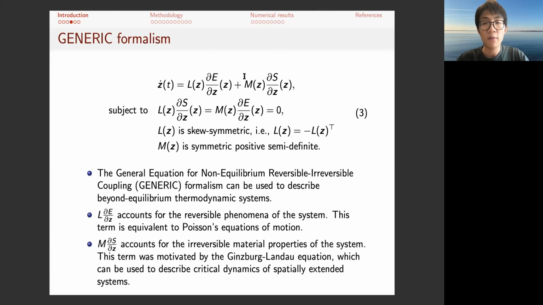If we don't have the second part and only have z dot equals L times dE/dz, then we recover the general Poisson system from classical mechanics. The second part accounts for the irreversible material properties of the system, and this term is motivated by the Ginzburg-Landau equation, which can be used to describe critical dynamics of spatially extended systems.